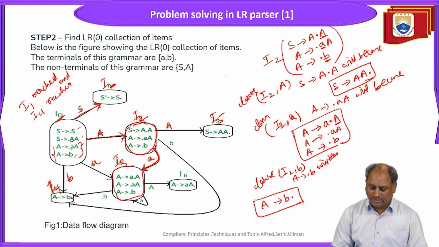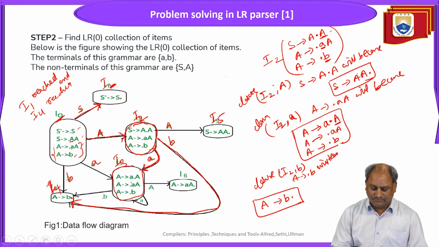So instead of writing a new state number, we can process a transition with input b, I2 comma b, which gives I4. So we have processed capital A to I5, small a to I3, and small b to I4. Now I2 is completed.